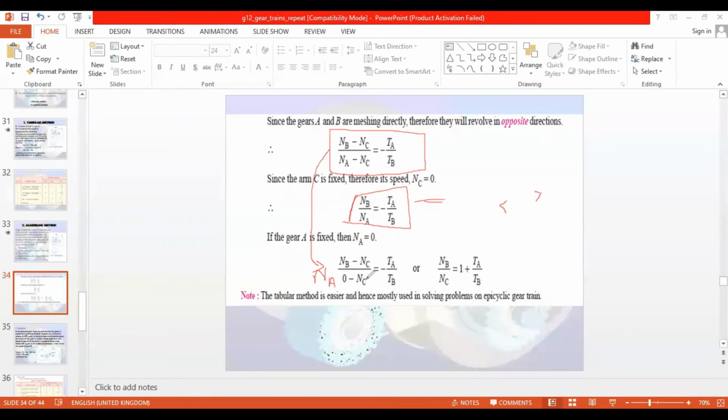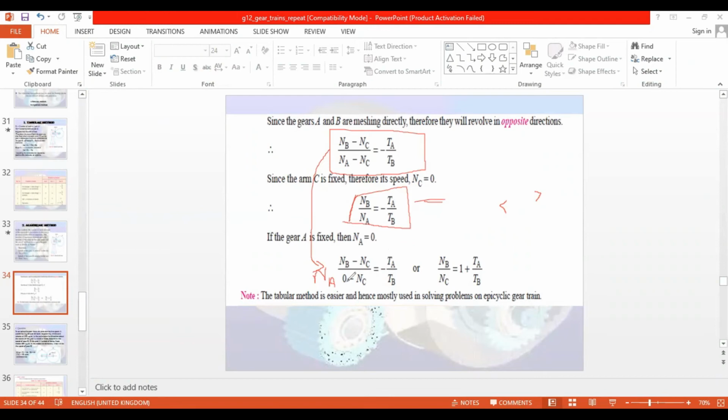TA upon TB. So this you can solve like NB upon NC. Here NC upon NC is 1, right? So NB upon NC is equal to 1 plus TA by TB. You can make NB by NC the subject.